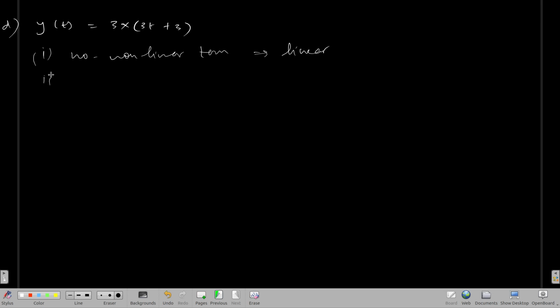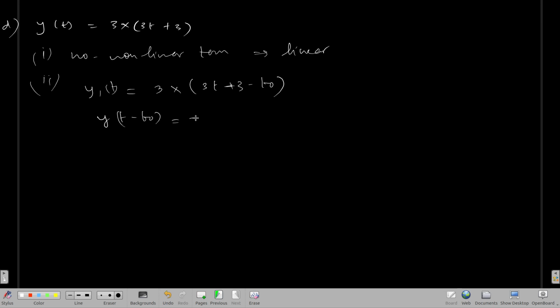Okay. And time variance: the response for the shifted input is 3 into x of 3t plus 3 minus 3 t0. And what about the shifted output?